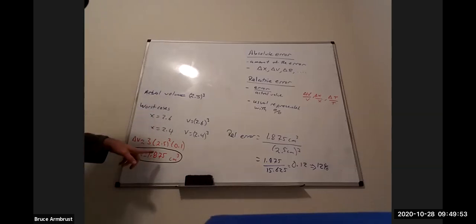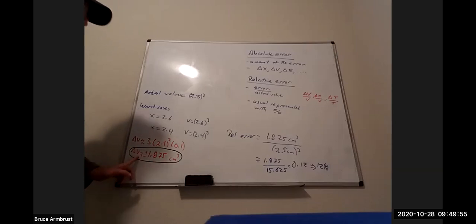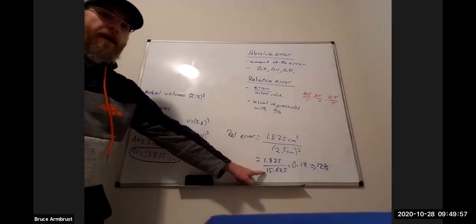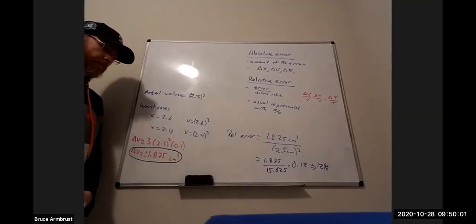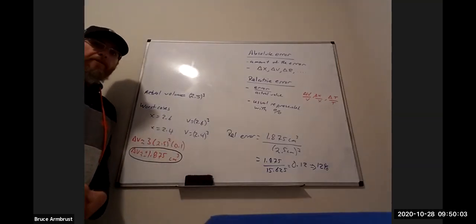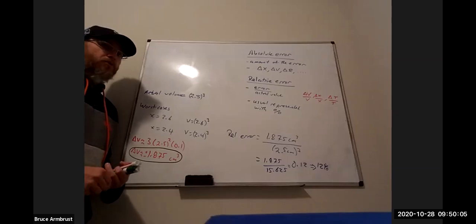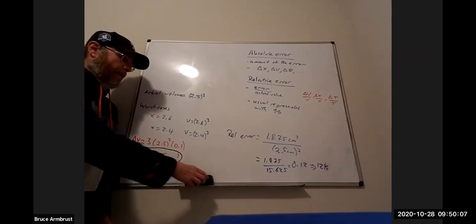That's what we did here: we took our delta V and divided it by V. So this is how you can figure out your relative error.